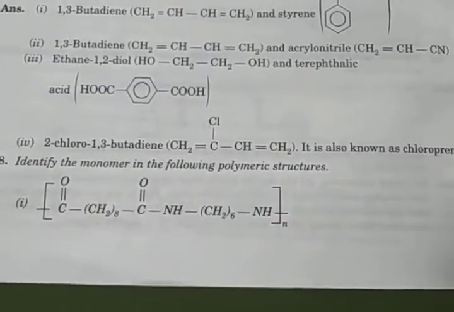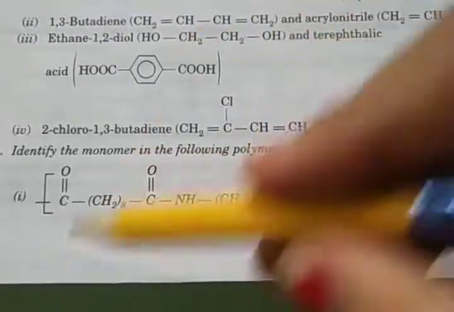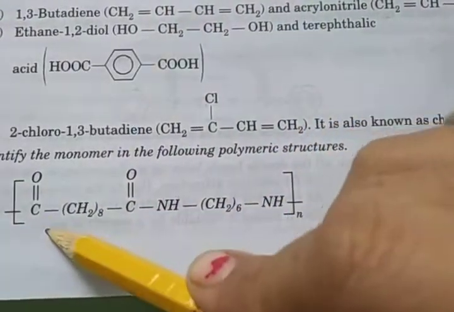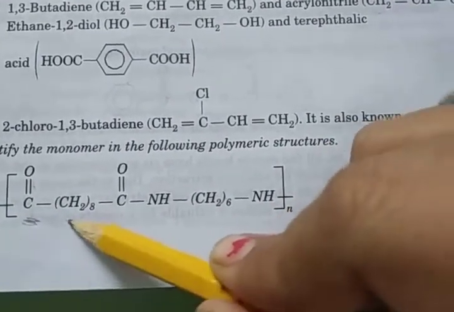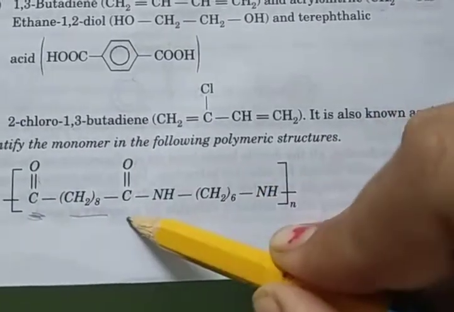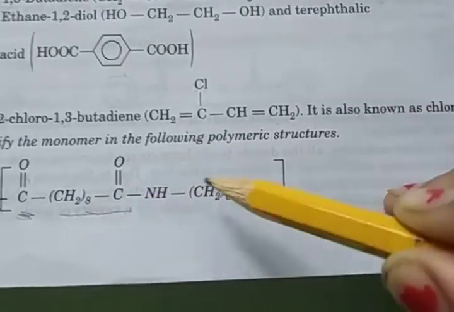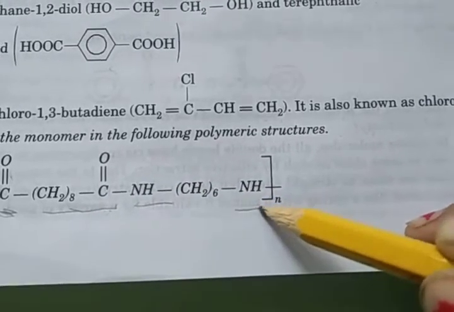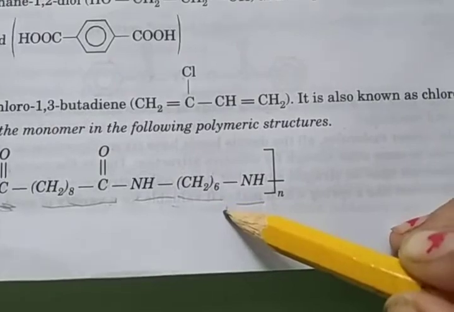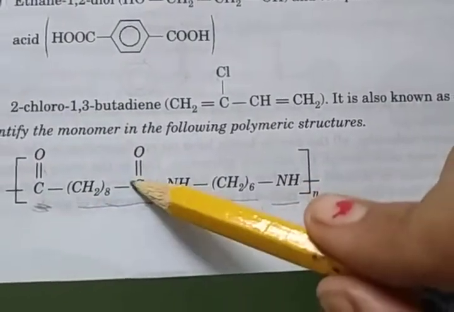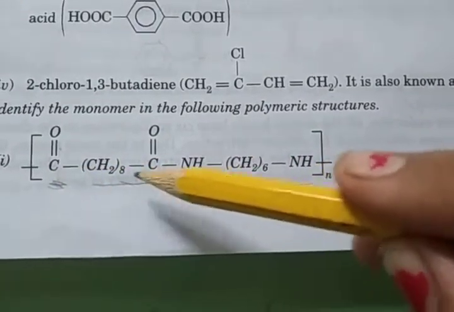Then question number 18, identify the monomer in the following polymeric structure. So here you see CO, which means a carboxylic group is present, then CH2 and then CO. Here also a carboxylic group. Okay, so this is one monomer unit. Then here you see NH2 attached with CH2 6, so hexamethylene diamine, and this one is decanoic acid, because there are total 10 carbons, 1, 8, 9, and this one 10.